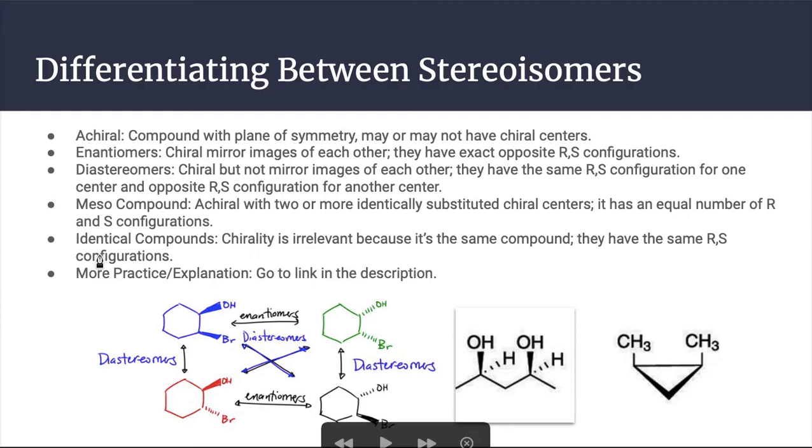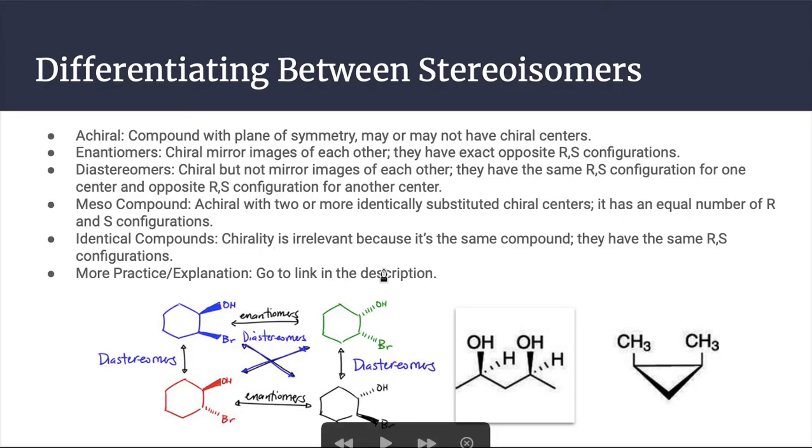Moving on, the last one is identical compounds. For identical compounds, chirality is irrelevant because you're basically looking at the same compound, comparing it with itself. It doesn't matter if it's chiral or achiral, because if identical compound A is chiral, then identical compound B is also going to be chiral, and the same if they're achiral.